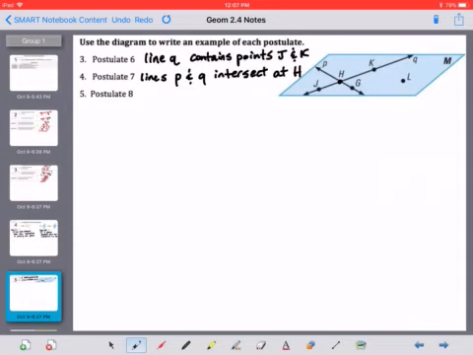So to find 3 non-collinear points, how about points J, K, and L? We could say points J, K, and L are non-collinear and lie in plane M.